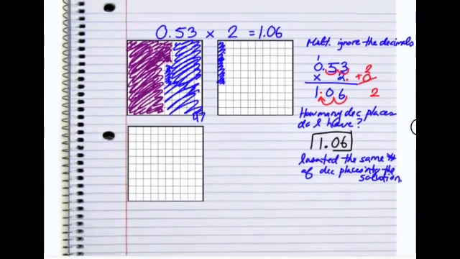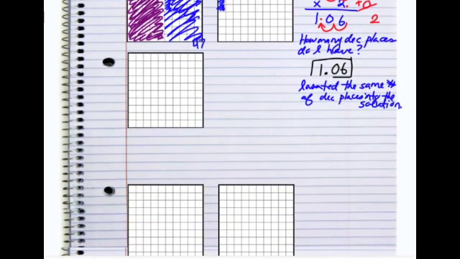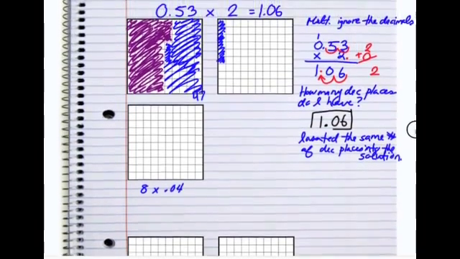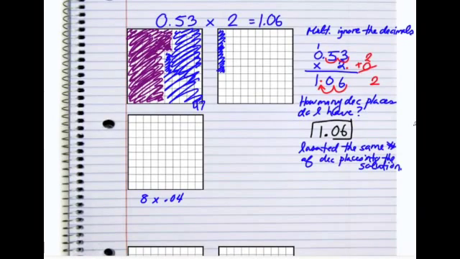8 times 4 hundredths. Again, we can go ahead and color in our whole square and say, okay, so if I need to multiply 4 hundredths times 8. Well, there's one set. Here's 2. Here's 3.